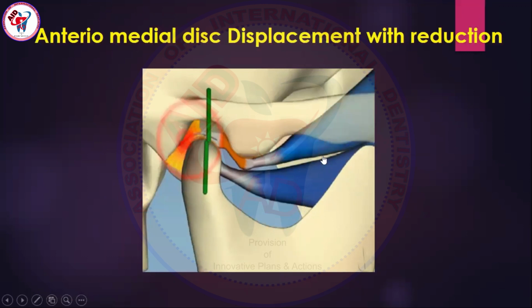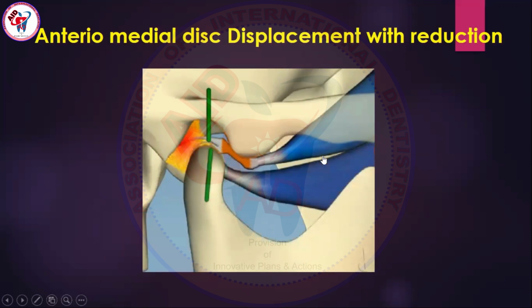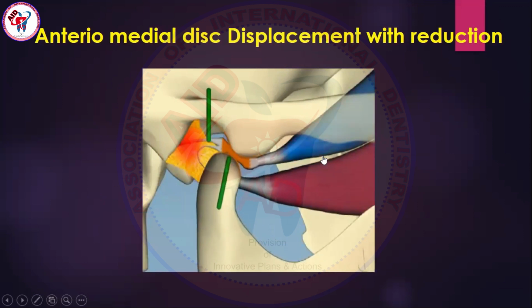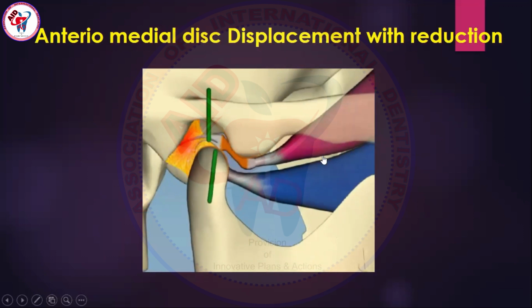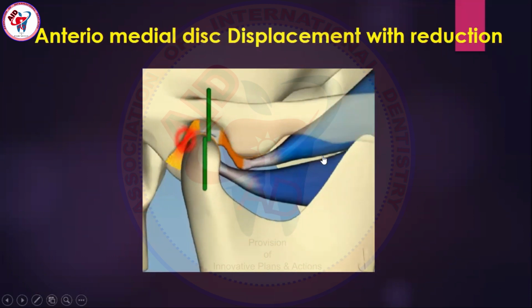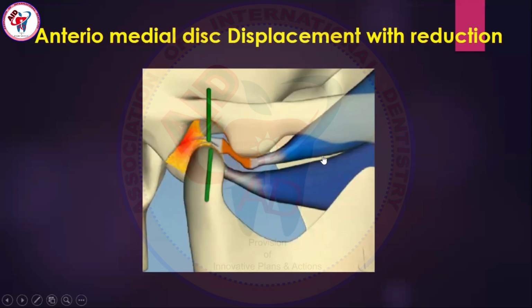Now, anterior medial disc displacement with reduction. This is another story. The disc is coming anteriorly and is displaced, but it is more displaced on the medial side. In the first stage, you have seen the disc was just moving anteriorly and posteriorly.